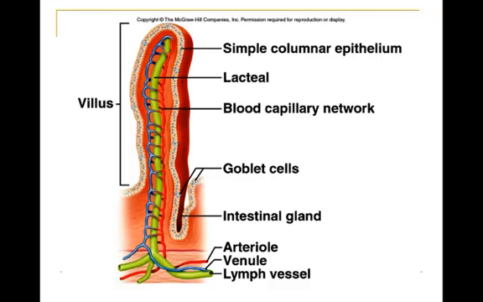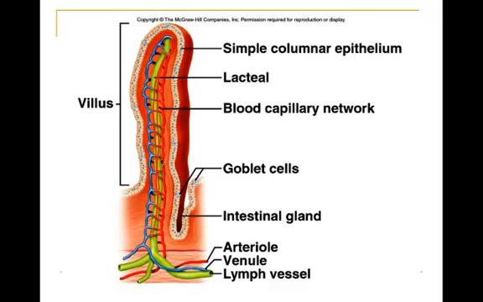Just to show you what happens when we eat our food. These villi, this is just one, are in the lining of the small intestine. And you can see that up the middle here is what we call a lymphatic capillary. That's going to absorb your fat.